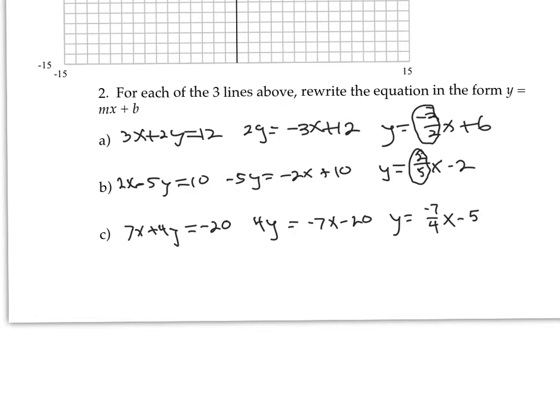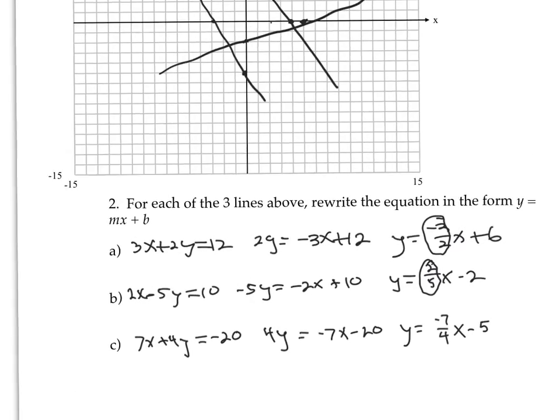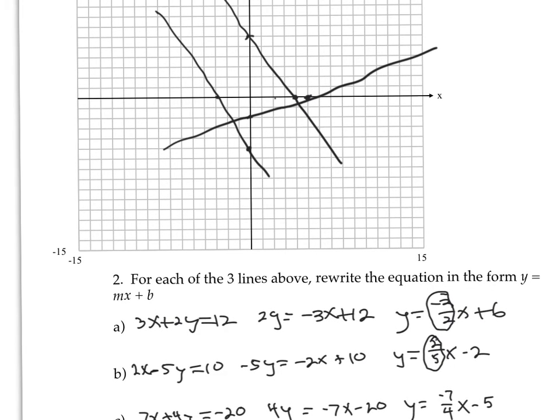Okay, so again, we quickly see we have the same y-intercepts as from above. We have 6, negative 2, and negative 5, which were the 3 y-intercepts that we got up here.